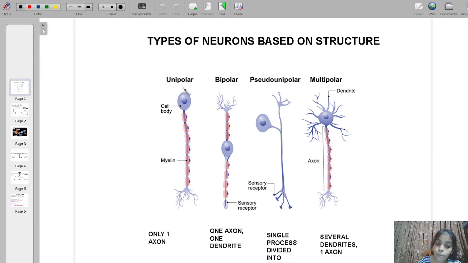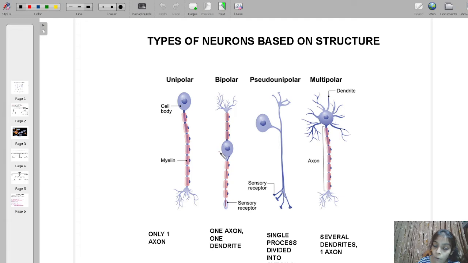Unipolar means there will be one cyton, meaning cell body, and one axon. Uni means one. Then comes bipolar. Bipolar means there will be one cyton, and from one cyton there will be two processes. One process will end in the form of dendrites. So that's why it's written over here, one axon and one dendrite.